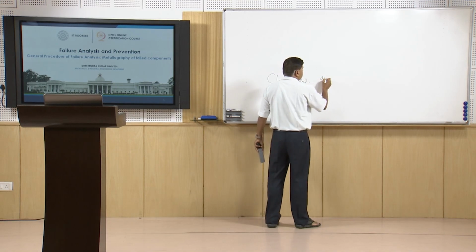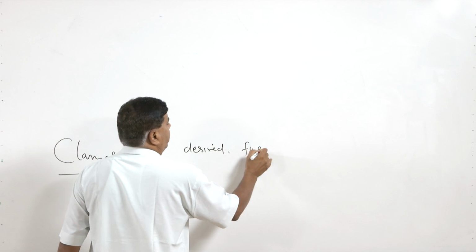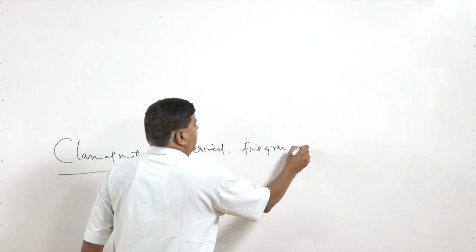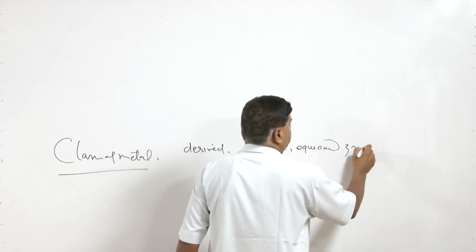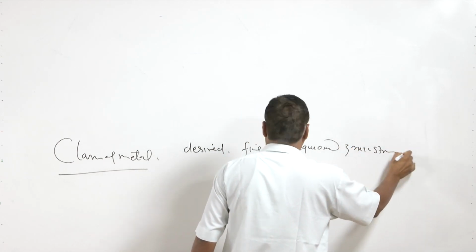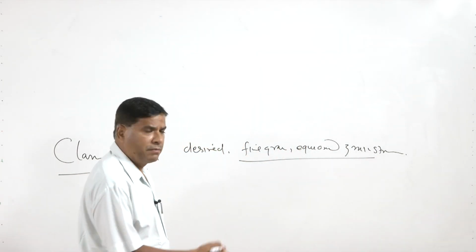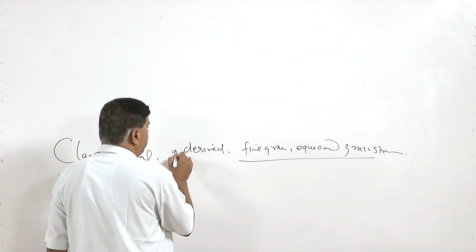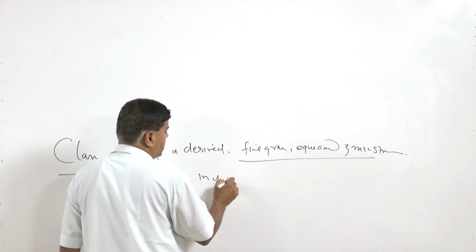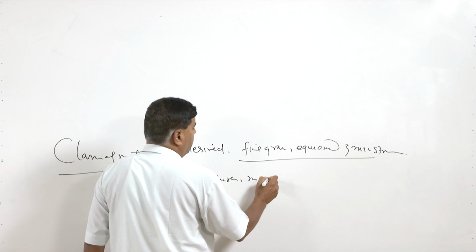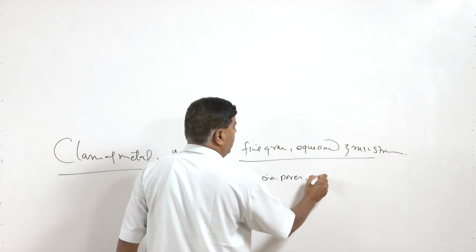In terms of the desired features, like the fine grain size, equiaxed grain structure, this is what we want, but things actually may not be of the same type. There can be undesirable features in the form of inclusions, micropores or cracks.